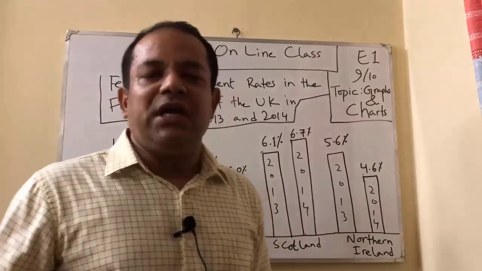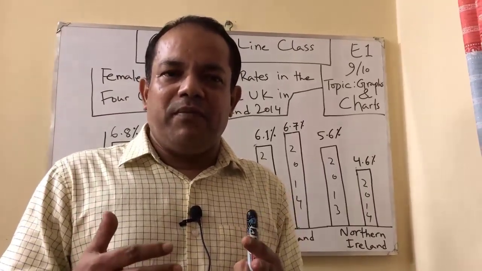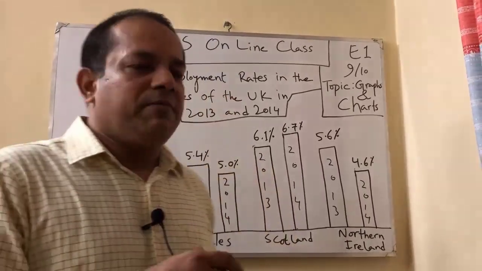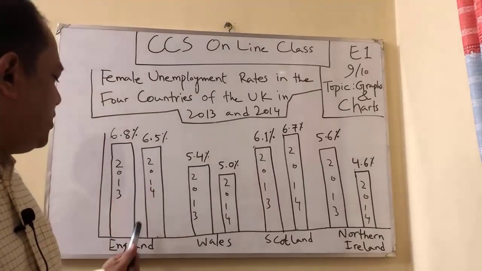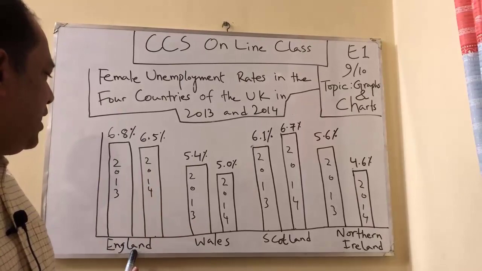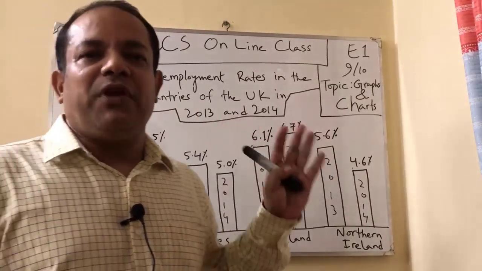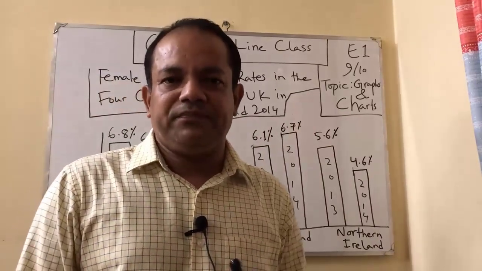So we can write in another sentence: from this bar chart we see that the female unemployment rate was higher in England than in the other 3 countries. We can say it.